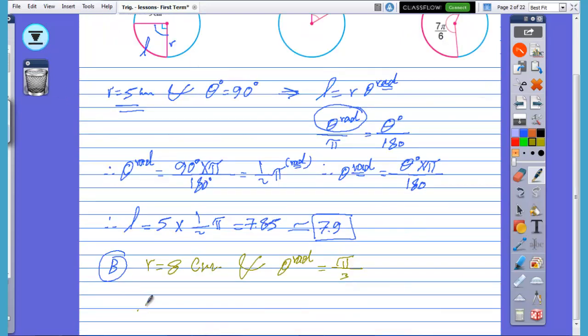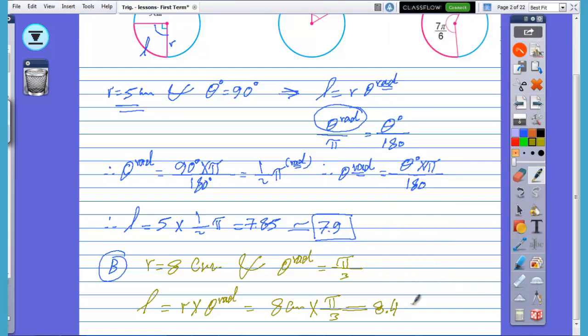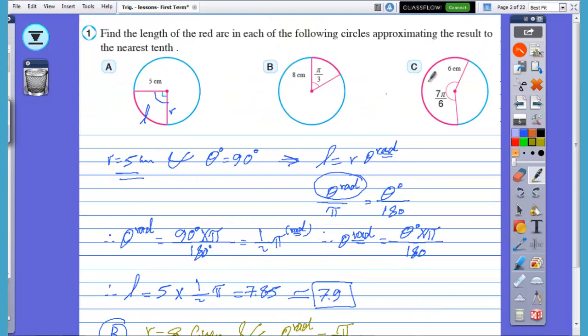So the length of the arc, denoted by the symbol L, equals R times theta radian, which equals 8 centimeters multiplied by pi over 3, and we can calculate it on the calculator, which equals in decimal approximately 8.4 centimeters to the nearest tenth.